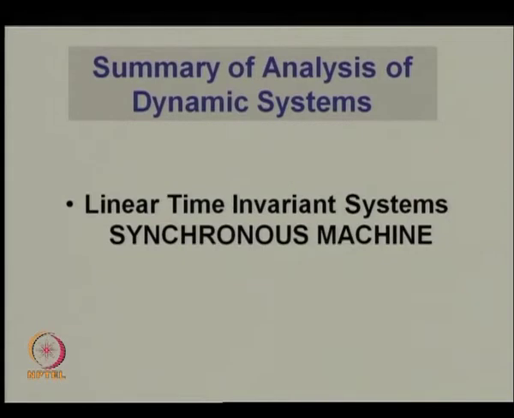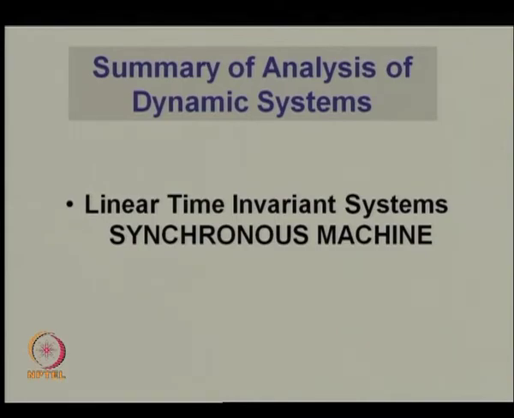One of the key systems which we have not really considered right now is the linear time variant systems. Please note that there is a small error in the slide; it should read linear time variant systems. An example of a linear time variant system, as we shall see in the coming lectures, is the synchronous machine itself. The flux as seen by the stator windings of a synchronous machine, that is the rotor winding flux, the fluxes by the 3-phase windings, are in fact time variant.